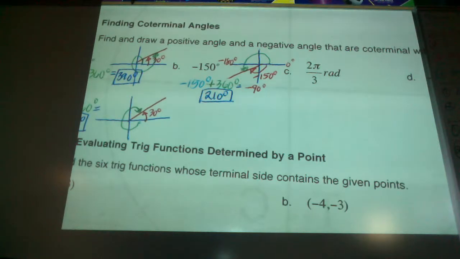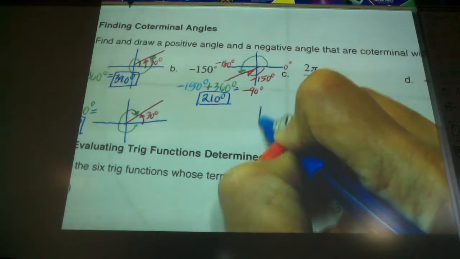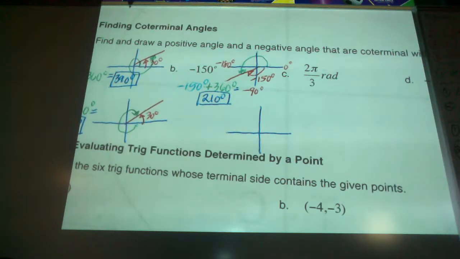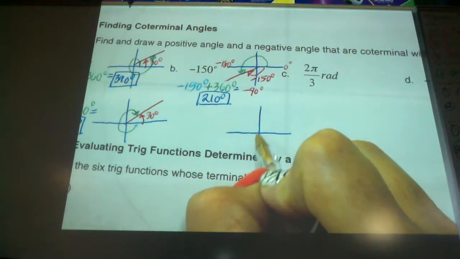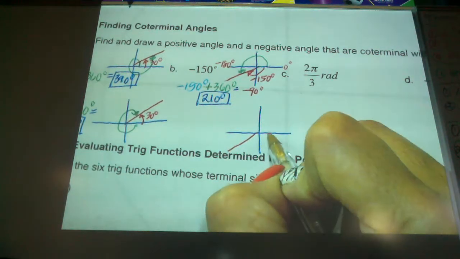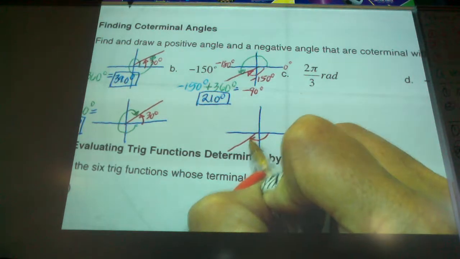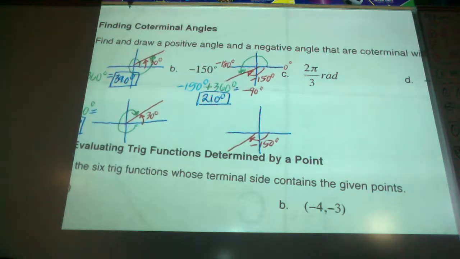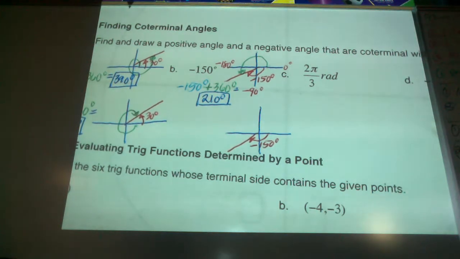Then we're going to look at our negative value. So let's draw another coordinate grid. We're going to put our terminating side here. And this is our negative 150 degrees. So this time I want to go negative.